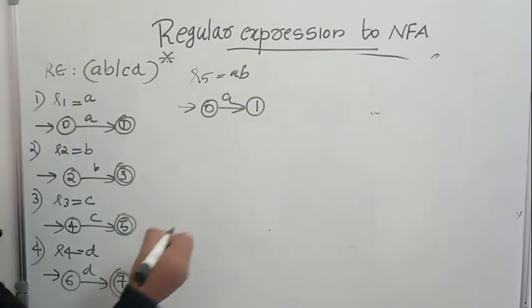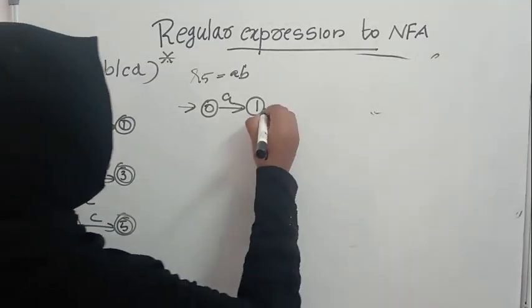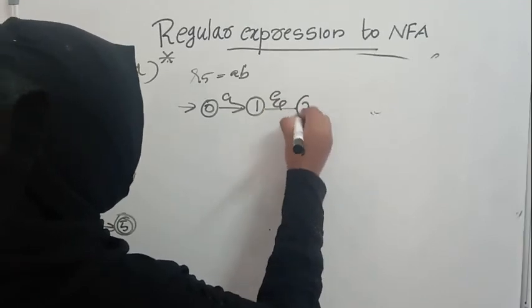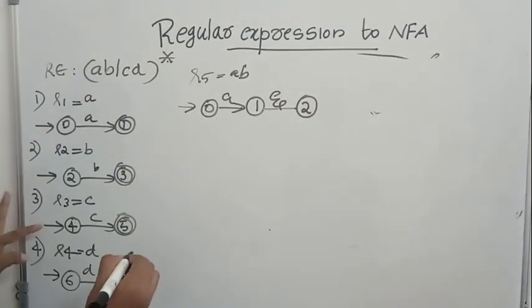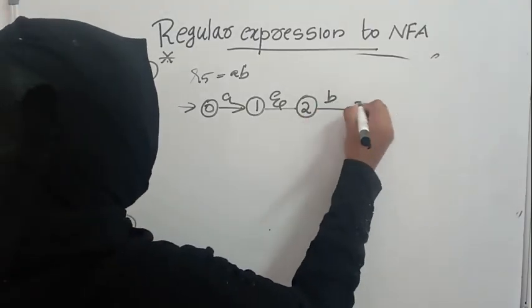I repeat, the double circles around the final state will not be drawn as we are including a new final state. Now the NFA for B is 2, on B we are going to 3.